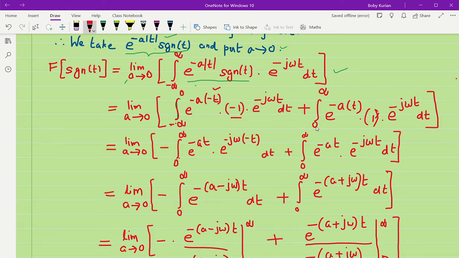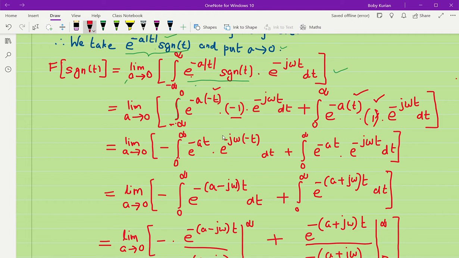Then for positive values, 0 to infinity, e power minus a mod t equals t for t greater than 0, into the second part sgn of t, that is equal to 1 for t greater than 0, and e power minus j omega t dt. So we split the integral from minus infinity to infinity into minus infinity to 0 as the first part, then 0 to infinity as the second part.